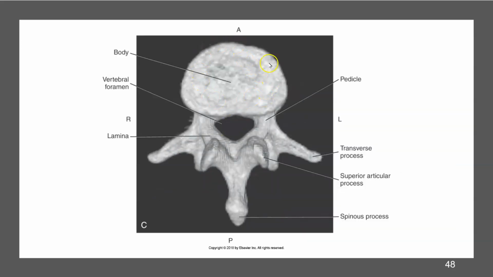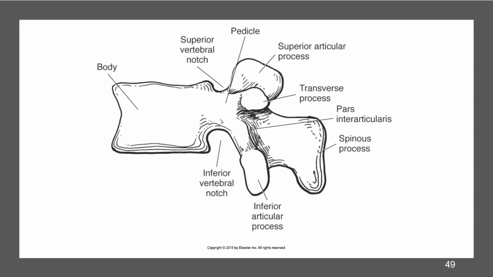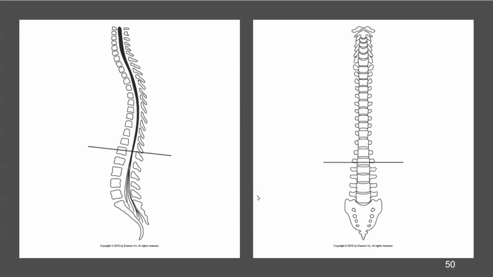Looking at it straight down, here's your body, your pedicle, your transverse, your superior articular process, spinous process, lamina, and your vertebral foramen, or foramen, either way. Okay, body, superior vertebral notch, inferior vertebral notch with your pedicle, superior articular process, transverse process, pars interarticularis, and your spinous process, inferior articular process.